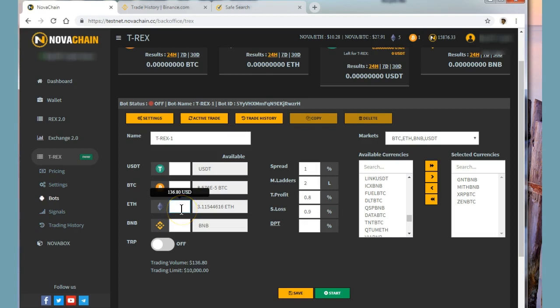So my trade is 1 ETH, and for BTC, I don't have any, but let's put 0.05.